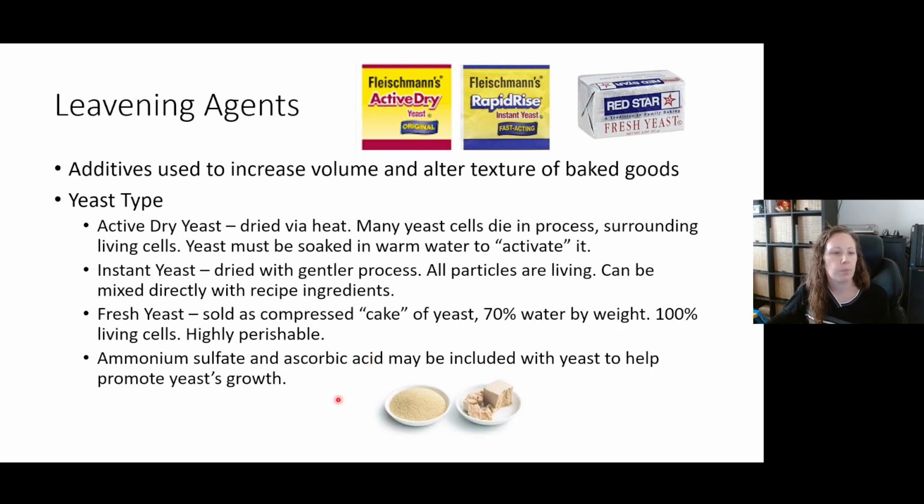So the reason ammonium sulfate is used is that ammonia, right, has nitrogen in it, and the yeast use the nitrogen to grow as a nutrient source. And then ascorbic acid creates a slightly acidic environment that helps the yeast grow also. They like it to be a little bit acidic when they're growing, and so having that ascorbic acid can help with that.